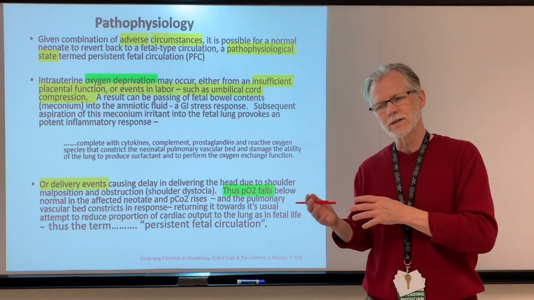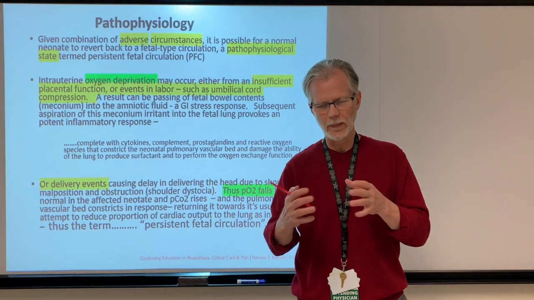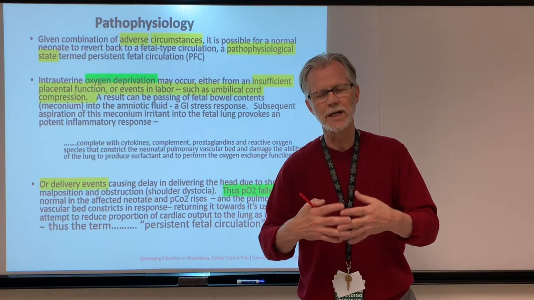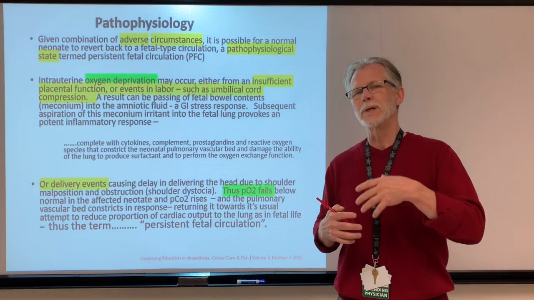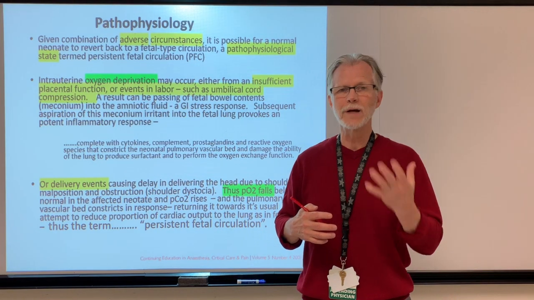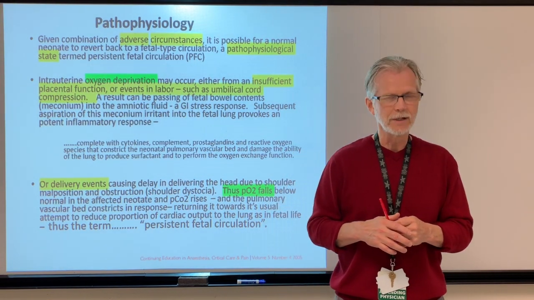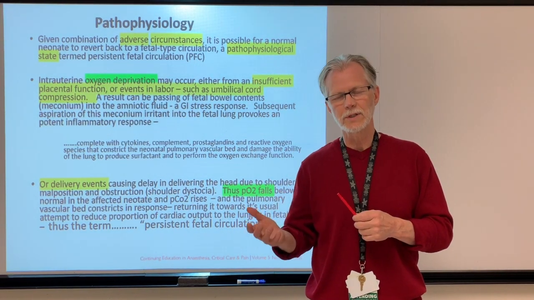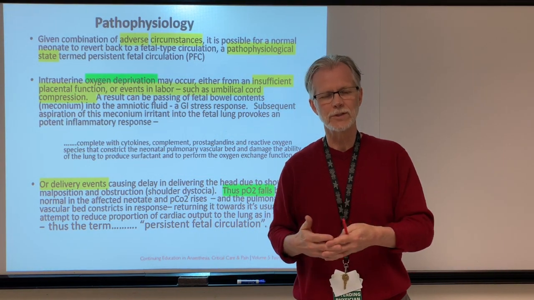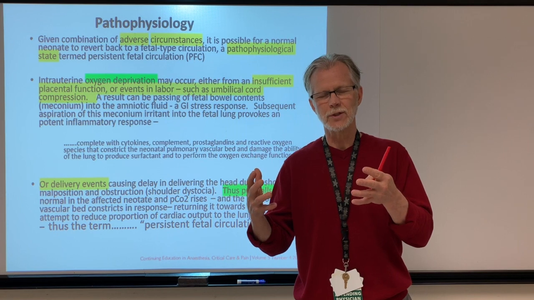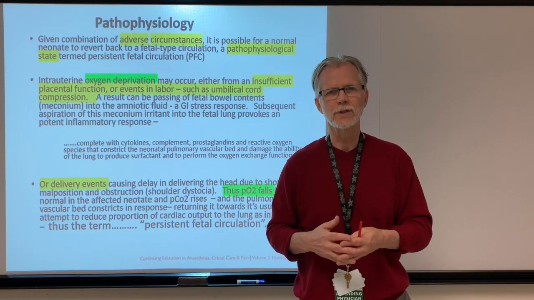And then an occurrence at birth of a delay in delivery of the body after the head already comes out, called shoulder dystocia, can occur. A baby can get profound hypoxemia, profound hypercarbia, and this is another typical condition that results in a persistence of that high pulmonary vascular resistance and the persistence of those shunts and a persistent fetal circulation.